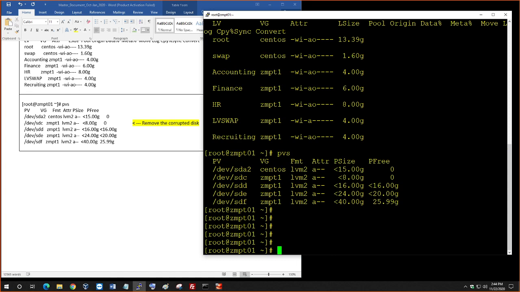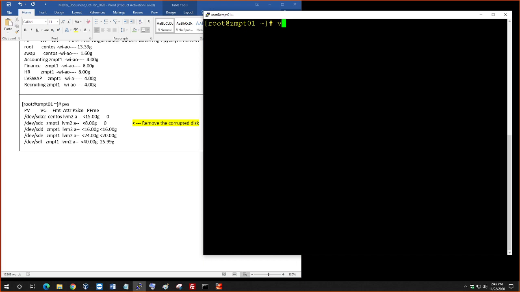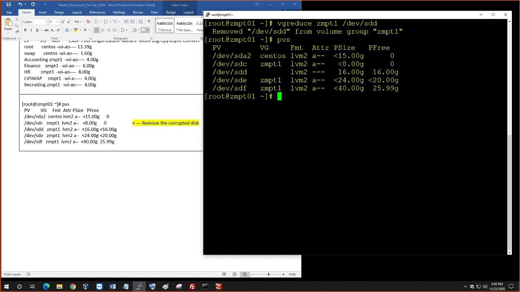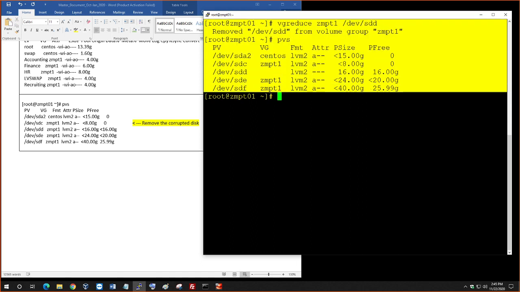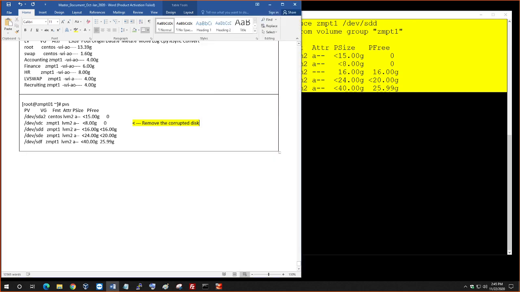Okay, so how am I going to do that? It's very easy. The command is vgreduce, and you have to give the ZMPT1 and /dev/SDD. Okay, so what will happen is this will remove the volume from the group. Okay, so it's gone. So if I do pvs, SDD is not part of the volume group ZMPT1 anymore. Okay, so this is what we wanted.